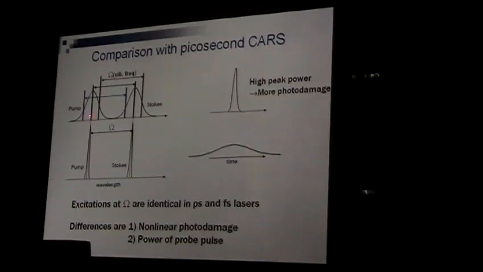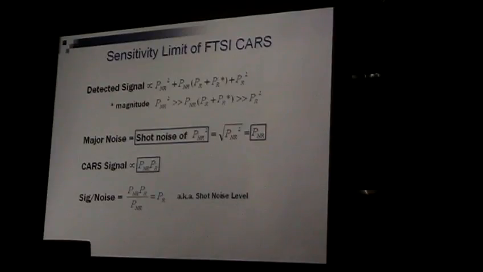As yesterday, if you have the same bandwidth with a Gaussian pulse shape or anything, it turns out you have the same vibrational excitation efficiency. So that's not the actual problem. The problem is photodamage. Because the picosecond pulse is very long, you can put in a lot more power, something like 10 or 20 times. But here you cannot put in that much power, because the sample begins to absorb non-linearly and basically burns. So we have to somehow fix that.